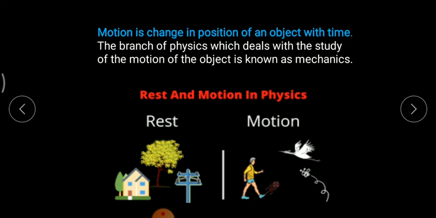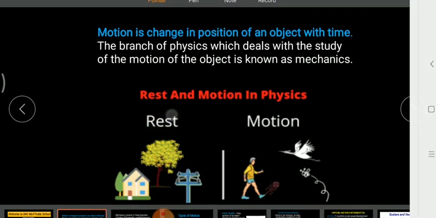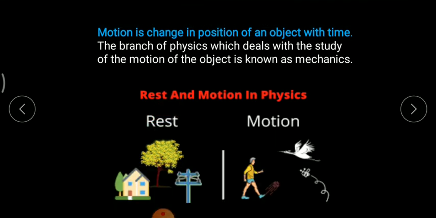Now, we can understand mechanics in terms of two things. First, when the object is at rest, and the other when the object is in motion. As you can see in this picture, this tree is not changing its position with respect to time, so we will say this tree is at rest. Similarly, this electric pole is not changing its position with respect to time, so we will say this electric pole is at rest.